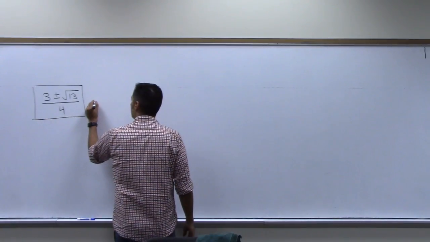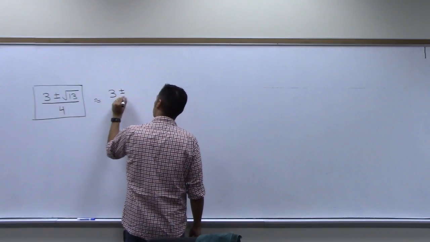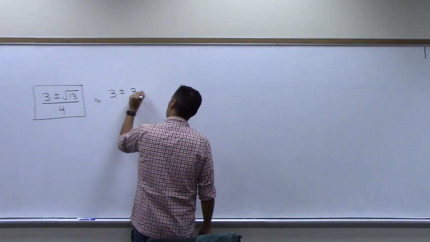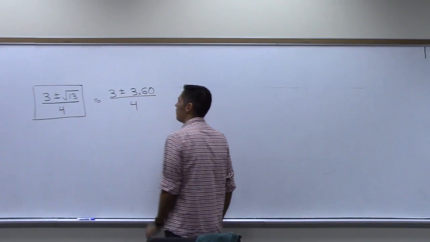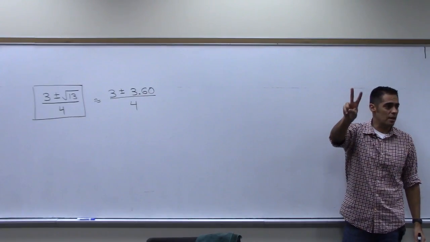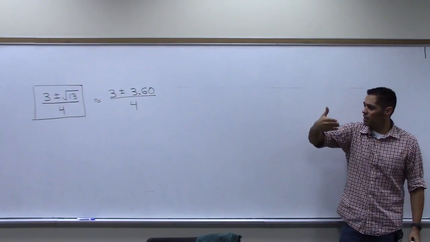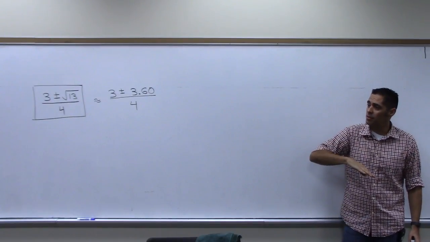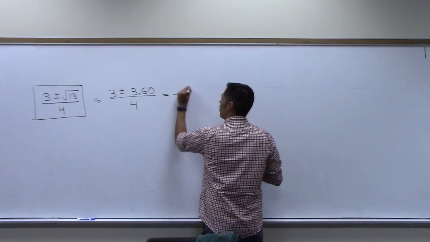So what we're going to say is that this is approximately 3 plus or minus 3.60 over 4. And remember that that plus or minus means we have two answers, right? Two different answers. We have to look at the plus as one answer and then the minus as a different answer. So what I'd like for us to do now is figure out what those two answers are.